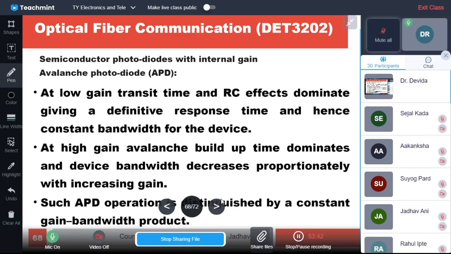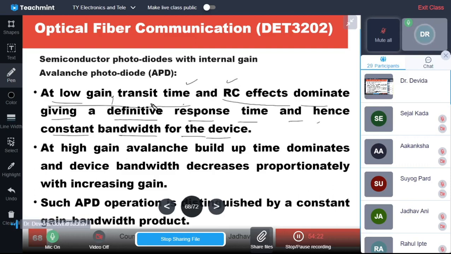So at low gain, transit time and RC effects dominate, giving a definite response time and hence constant bandwidth for the device. If the device gain is low, then the transit time and RC effect, that is the RC time constant, dominate the response time.